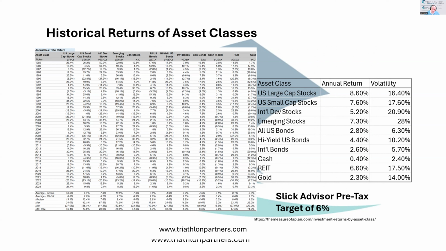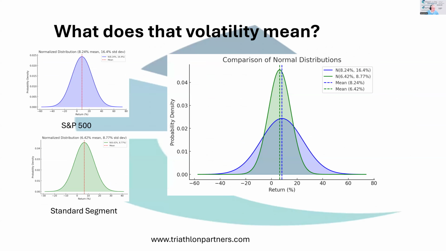This is something we like at Triathlon Partners, because it actually does diversify your returns, because it lowers the volatility, right? Now, how do we actually depict that? Well, when we look at the volatility, we look at it as a normal distribution, the bell curve. I'm sure a lot of people are familiar with that. Now, up top in the purple is the S&P 500 bell curve, where the return is the x-axis and the y-axis is how often it happens.